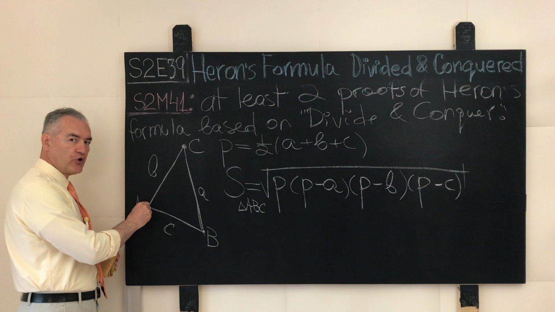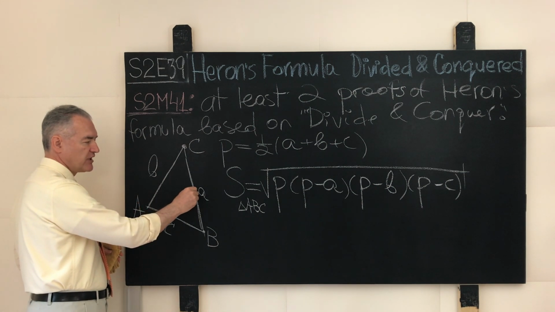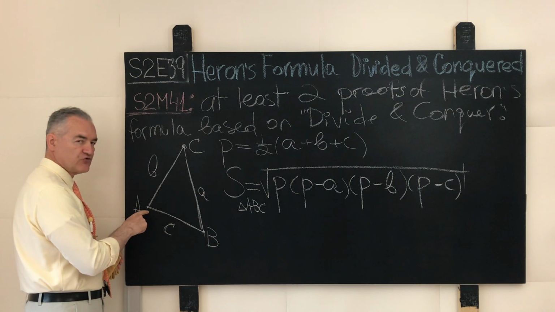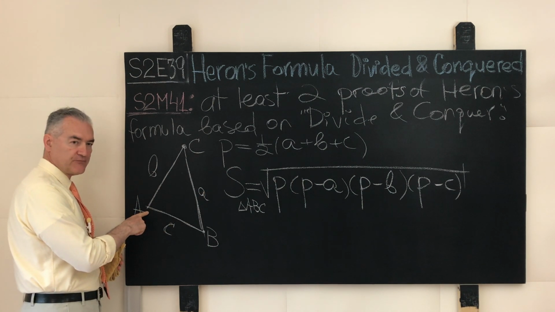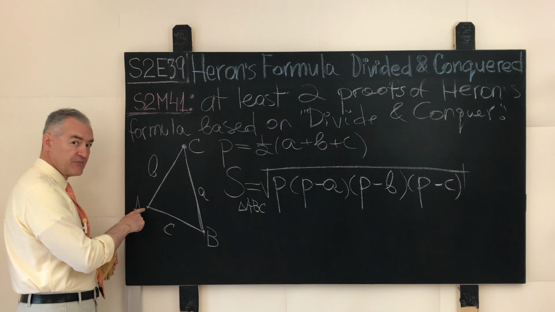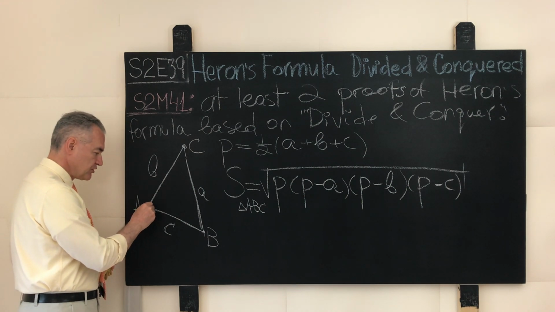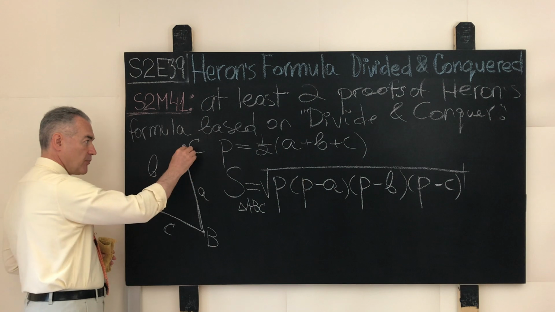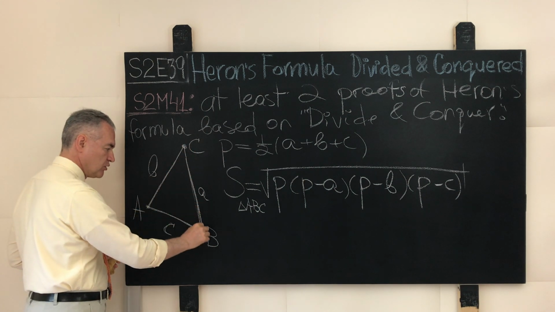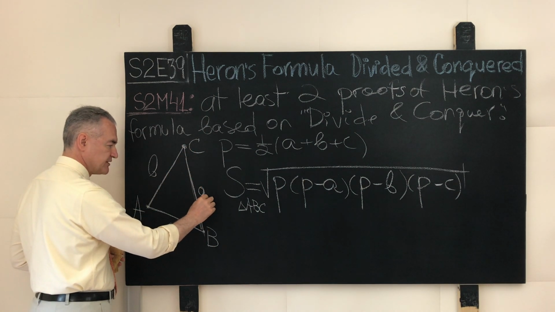Against the appropriately named vertex of that triangle, we will put the side whose length is designated with the lowercase version of that vertex. For example, if uppercase A is the name of this vertex of the parent triangle, then the opposite side shown over here will be named with the lowercase a.